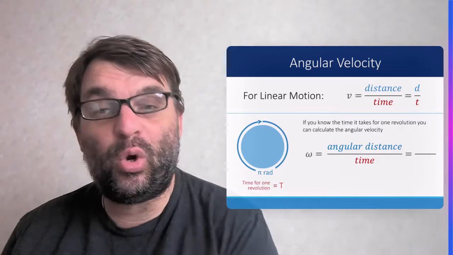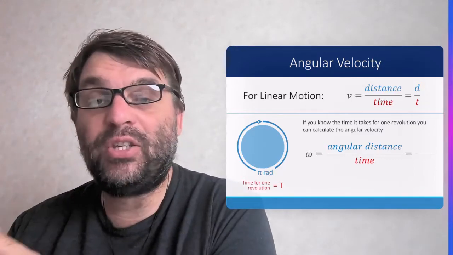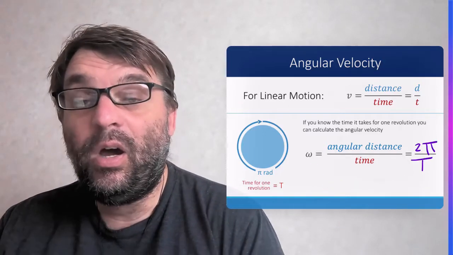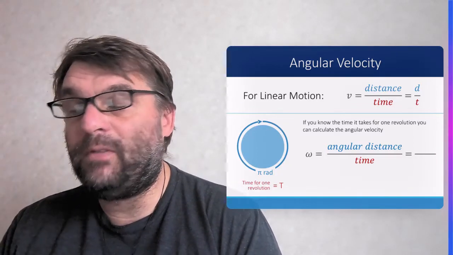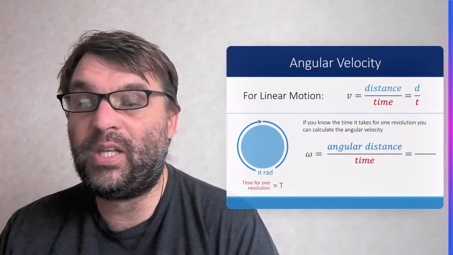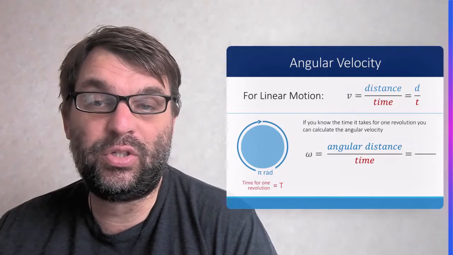We've already looked at the angular distance: the distance of one revolution, which is 2 pi, divided by the time for one revolution. The units for angular velocity are radians per second, rad s^-1.